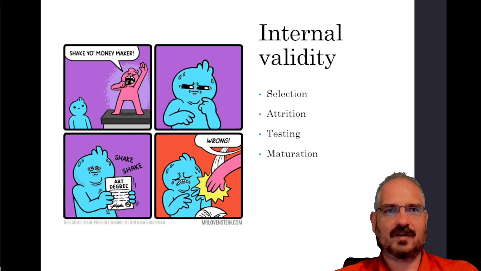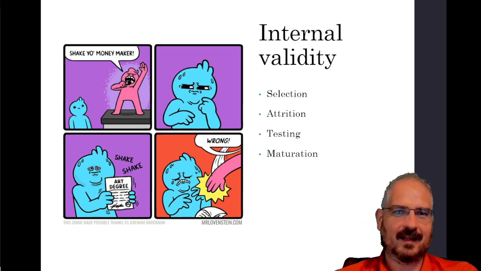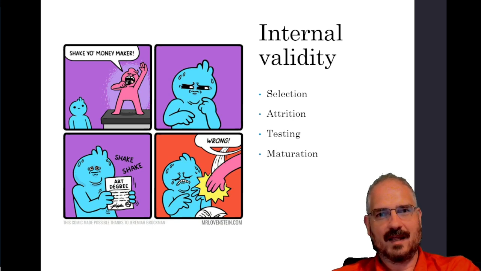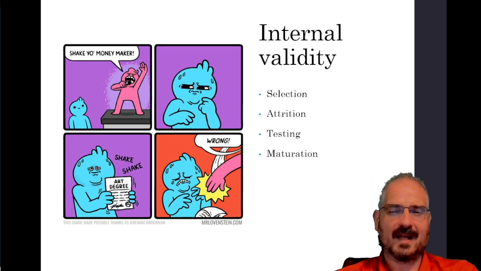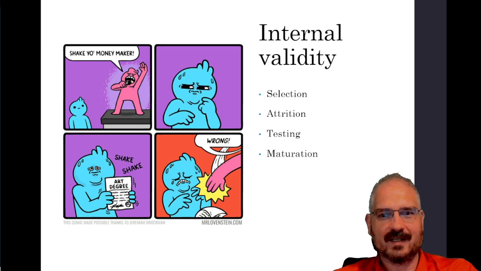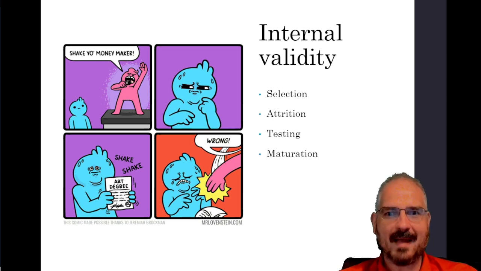So if I measure somebody's criminality at 20 and then again at 30, that second observation is going to show much less criminality, not necessarily due to anything I did in the meantime, but just because they've gotten older. And their criminality naturally goes down because they're getting older, right? So that's a maturation problem.